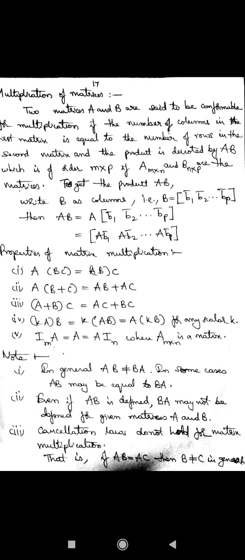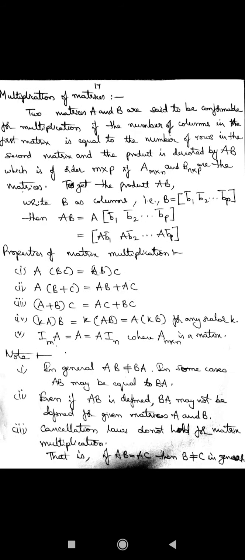The second point says that even if AB is defined, BA may not be defined for some given matrices A and B. I can give you an example here.